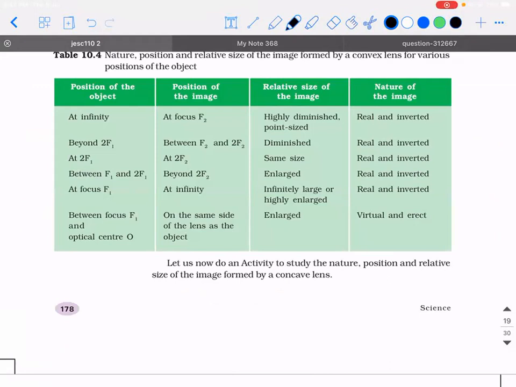Sir, it should be placed between C and F.